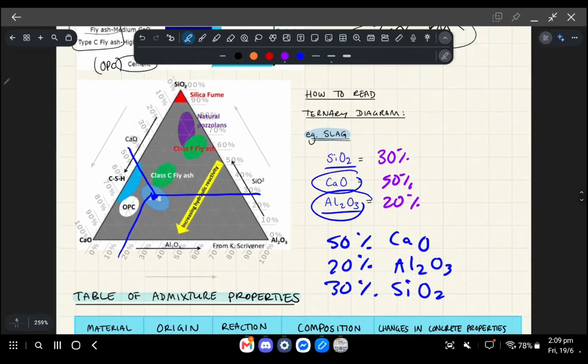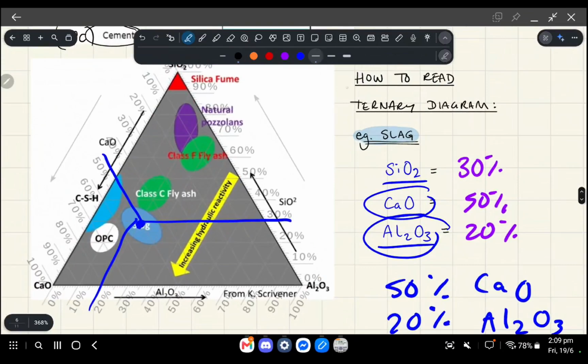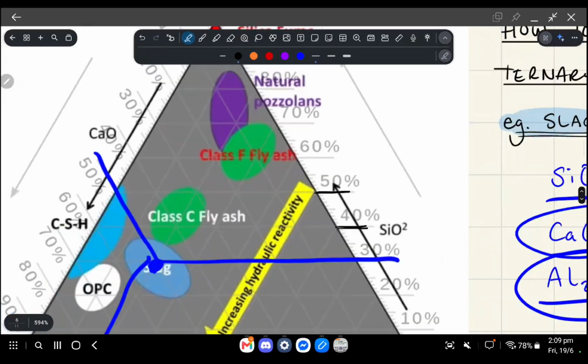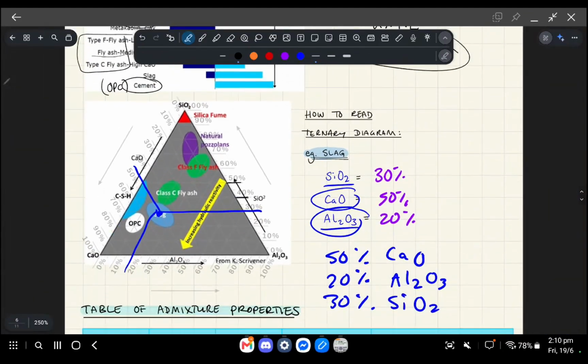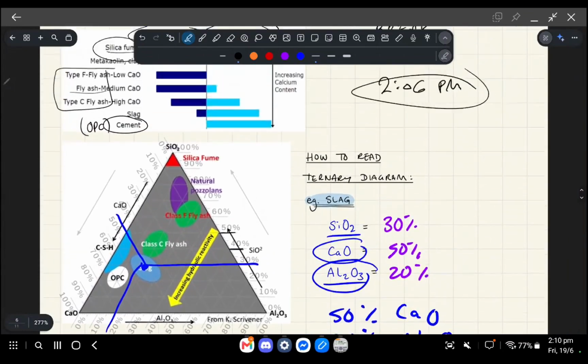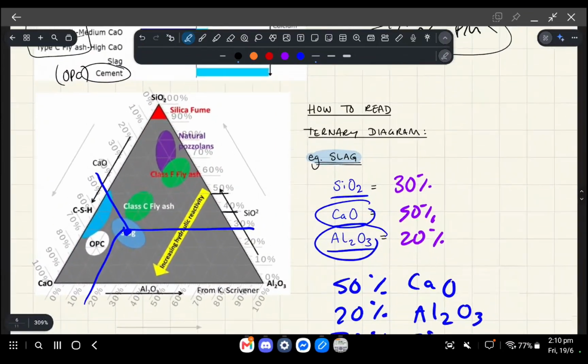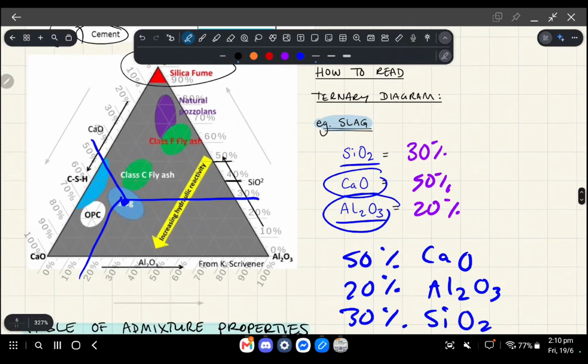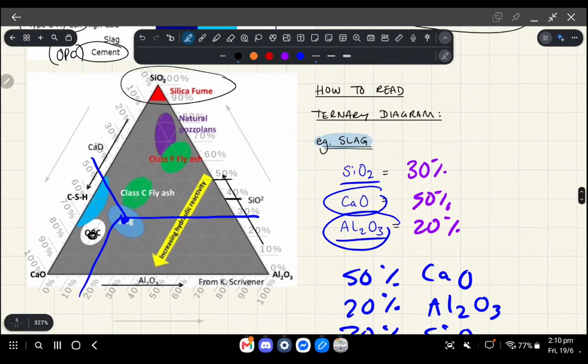Follow the direction of the arrow and follow these markers in terms of where to go. Anyway, what you'll see is silica fume is incredible. It has a high proportion of SiO2. OPC is over here, and it has a high proportion of CaO.